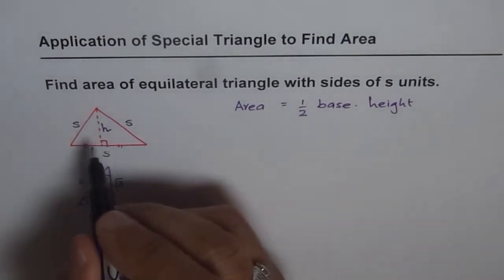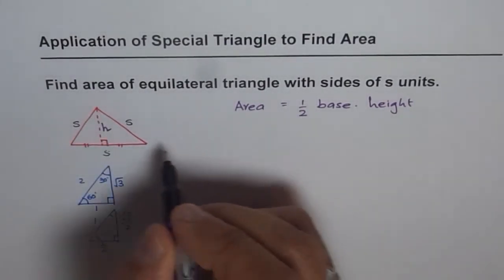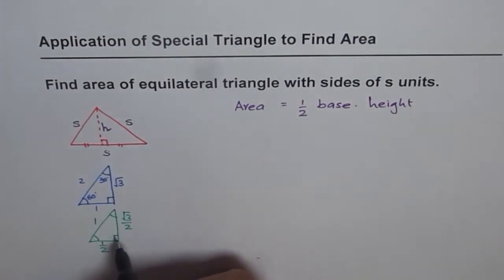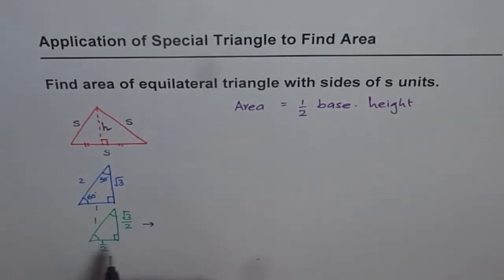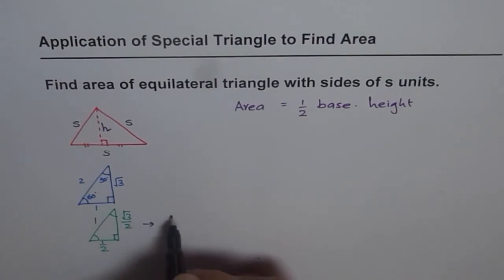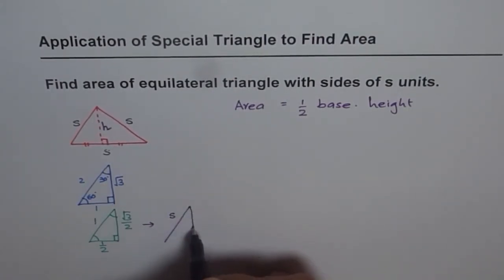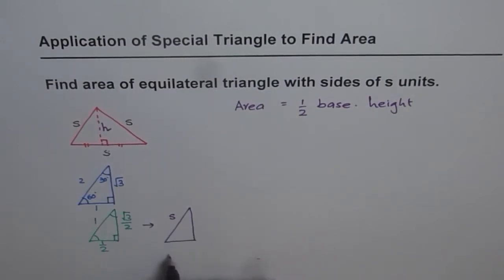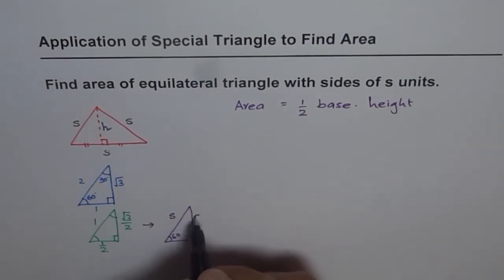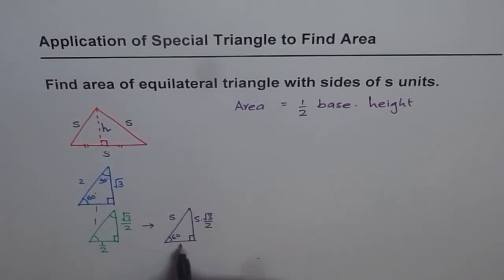So if side is S, then h is equals to how much? So from these ratios, especially from here, if we have S as our side, if S is our side, let me make this triangle once again. Then in 60, 30, 90 triangle, our sides will be S times square root 3 over 2 and S over 2, right?